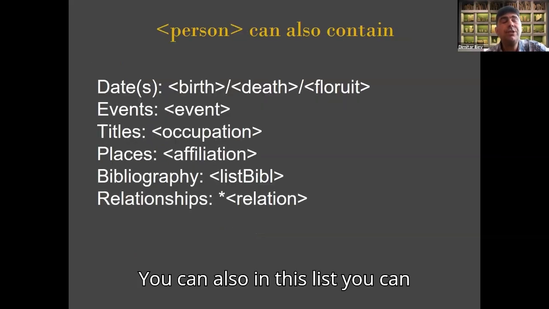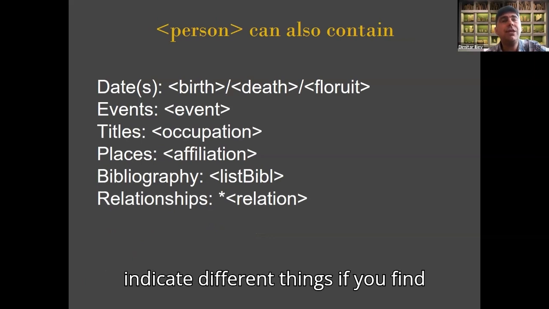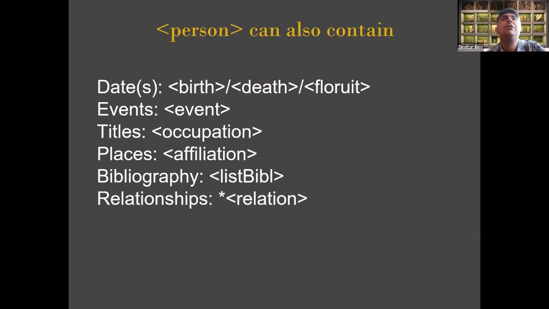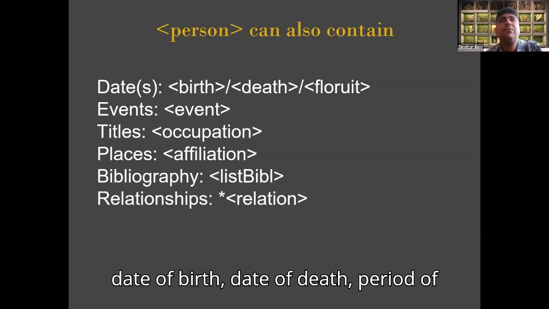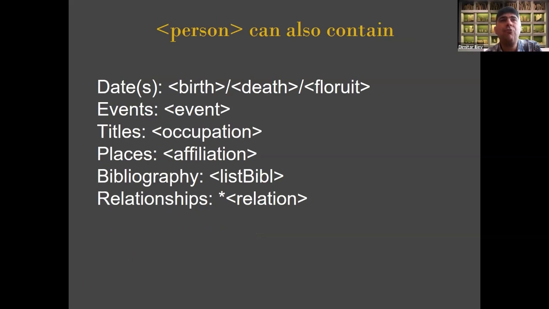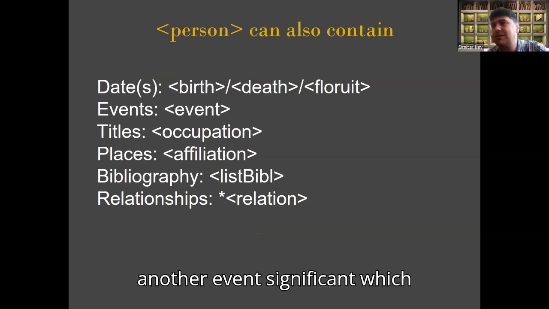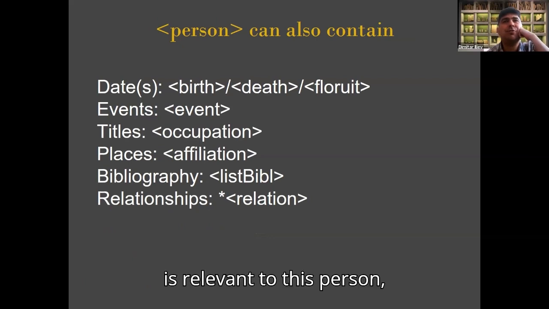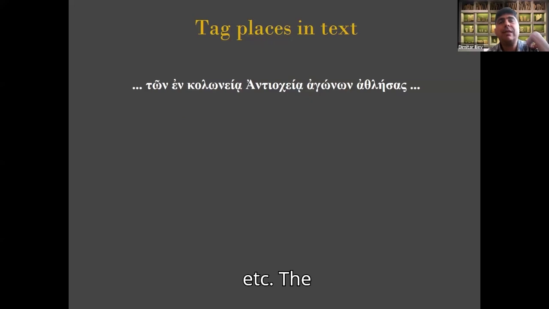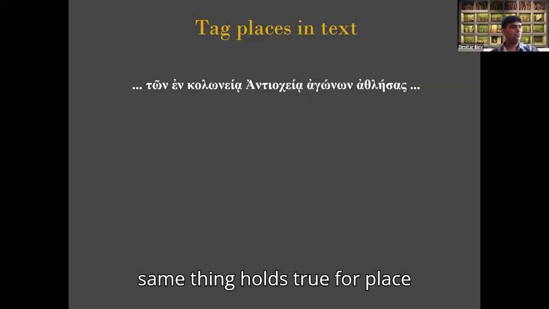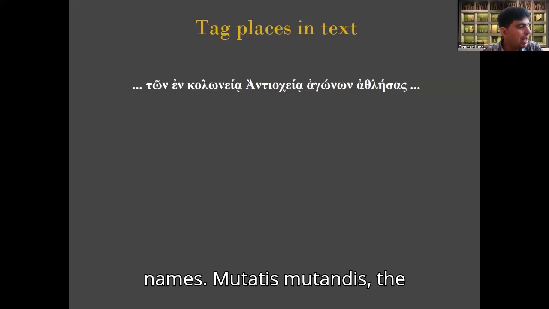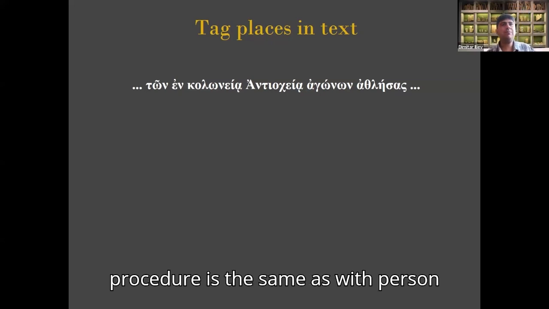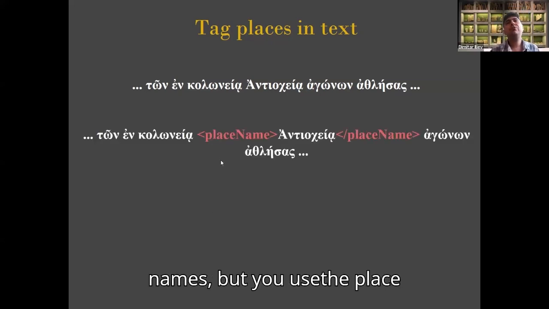You can also, in this list, indicate different things if you find this information suitable: date of birth, date of death, period of floruit, another significant event which is relevant to this person, etc., etc. The same thing holds true for place names. Mutatis mutandis, the procedure is the same as with person names, but you use the place name tag.